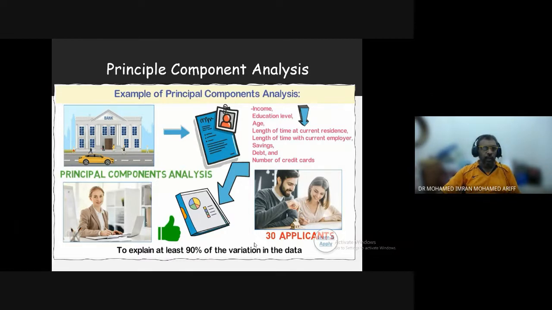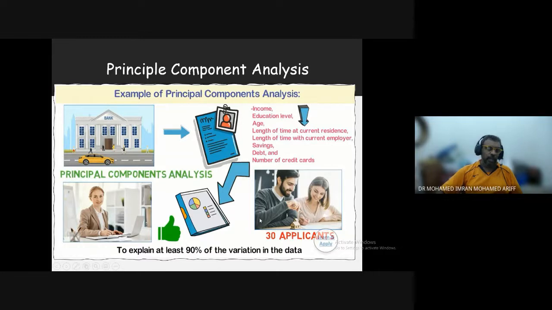For a bank to give you a loan, they need all this information. They need income, education, age, how long you have lived there, how long you have worked with the company, how much savings you have, how much debt you have, and your credit card. But these are the information that they ask customers for when customers apply for a loan. But this bank officer here is now going to do principal component analysis. She wants to know which among these items can explain 90%.